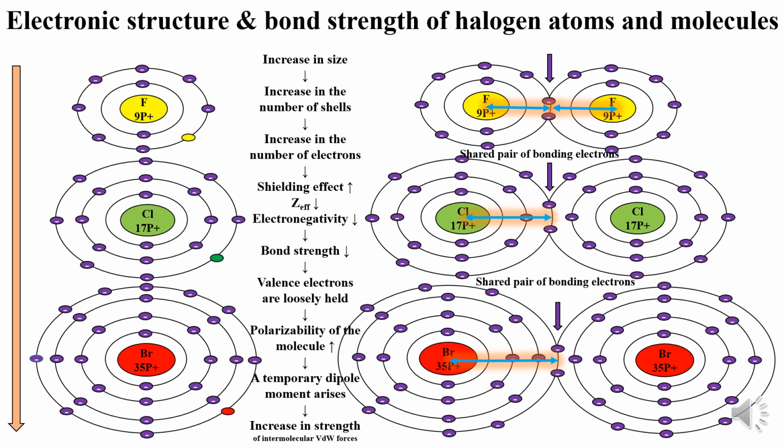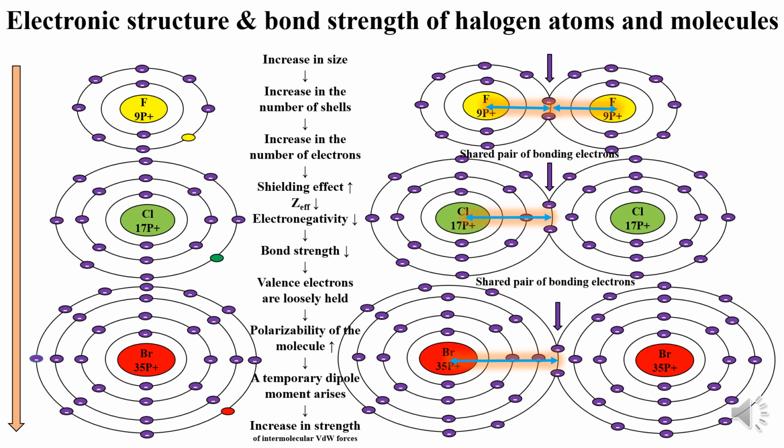So as you go down the group from fluorine to iodine, the distance between the nuclear protons and the shared pair of bonding electrons increases. With the increase in the distance, the electrostatic force of attraction between the positively charged nuclear protons and the negatively charged shared pair of bonding electrons diminishes or weakens.